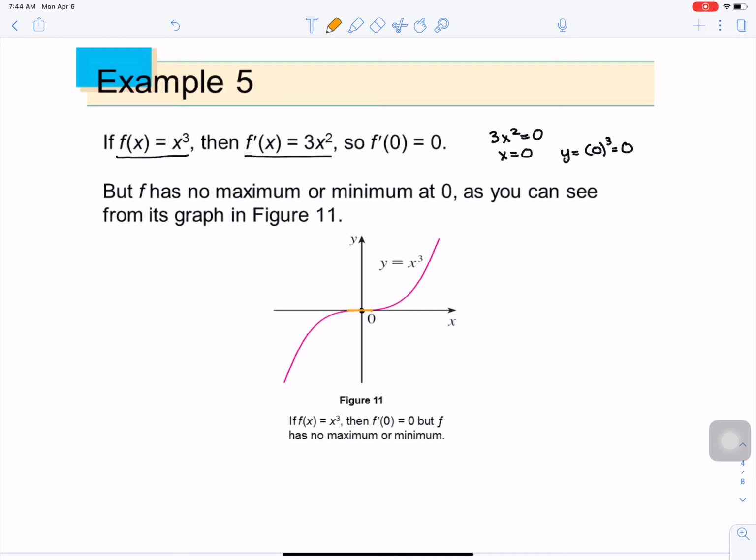So just because f prime of a number equals 0, this does not mean there has to be a max or min. There's just a potential to have a max or min.